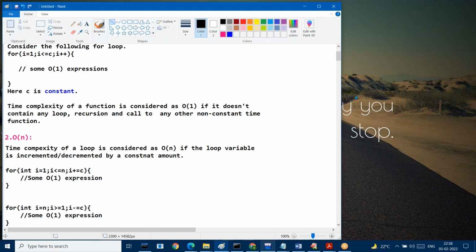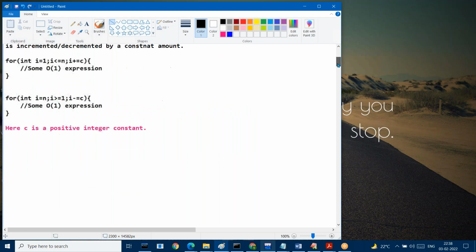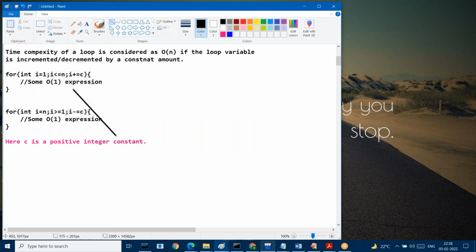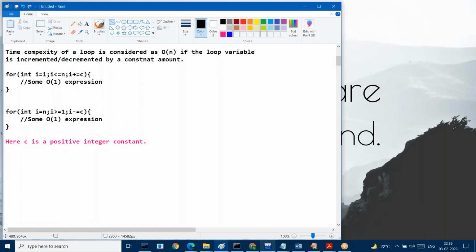Super. And any doubt here about the complexity of these two loops, order of n and order of n, both cases? So we still have 3 things pending: order of n square, not only n square, it can be order of n cube, and log n. 3 more we will discuss.